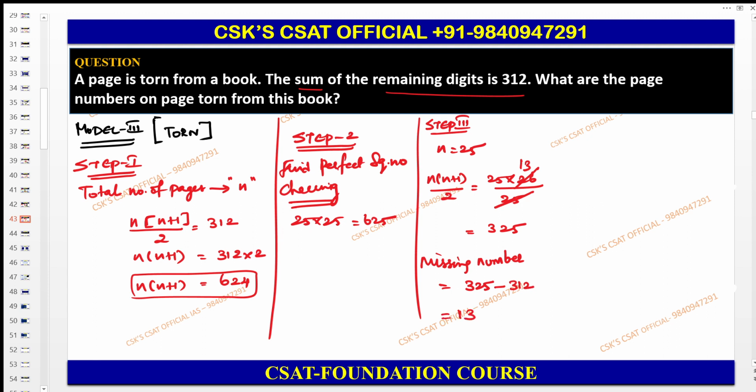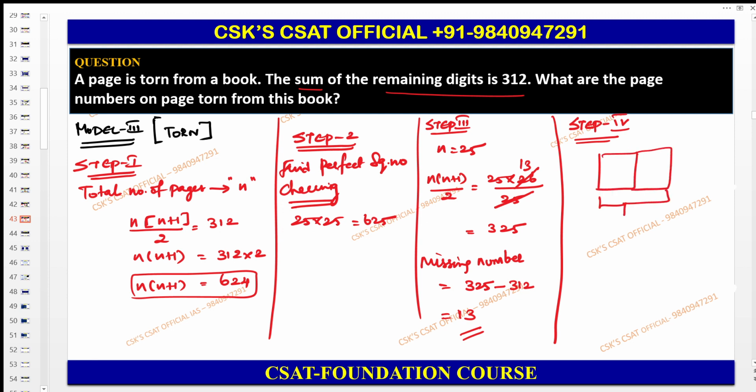Listen carefully. The question provided the sum of the remaining pages. So this 13 is nothing but the sum. Please remember, 13 is nothing but the sum. Which means this page and this page total, as we have found, is 13. Which means x plus x plus 1 is 13.